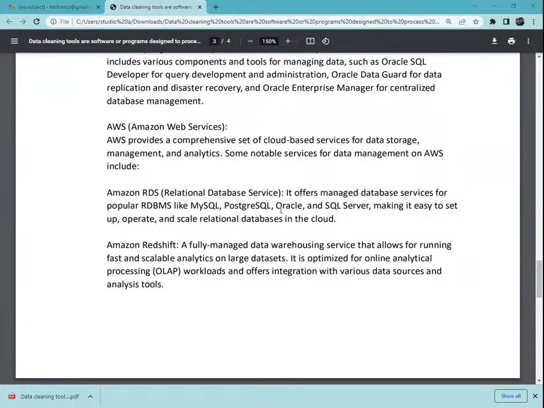I mean, this thing is a whole world. It's able to support all this other software, making it easy to set up, operate, and scale relational databases in the cloud. And then we have Redshift. I know Redshift, I've worked with it. The good thing with Redshift is that it's known for real-time analytical processes. Real-time.